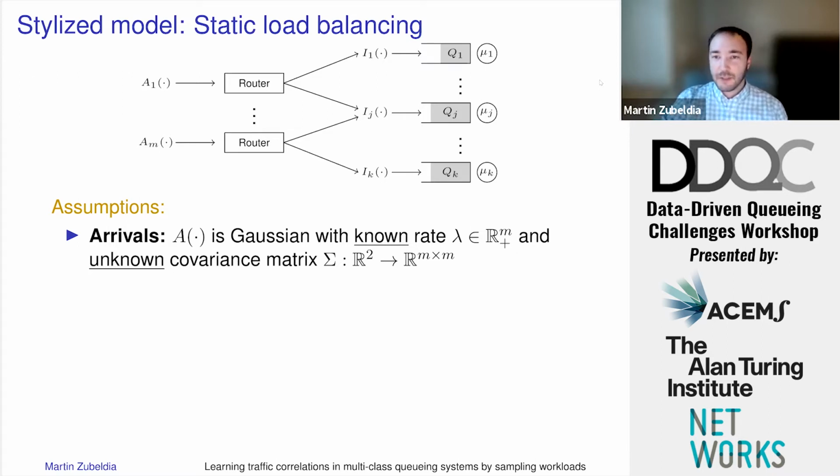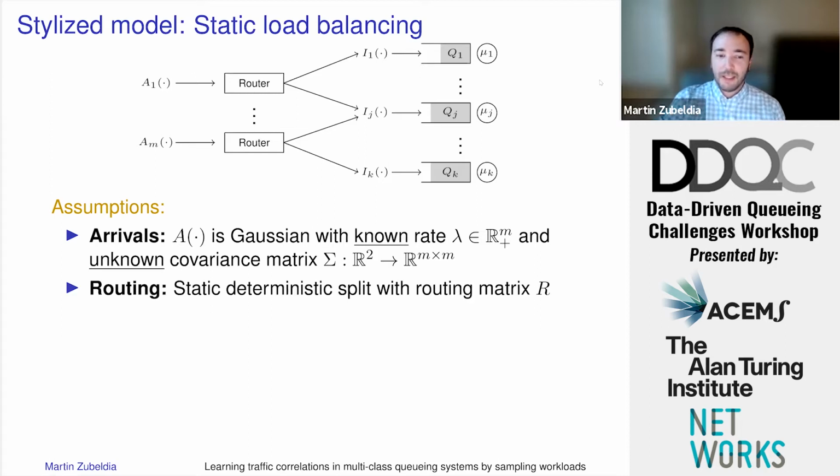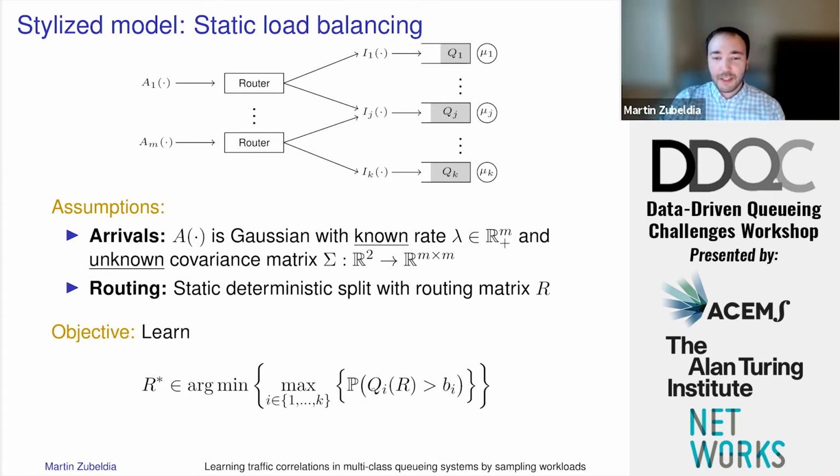And the second assumption, reflecting the features of these networks, is that the routing is going to be static and deterministic, with some routing matrix R that essentially tells you what fraction of each type of work goes to each one of the servers that we have. The objective here is to learn the optimal routing matrix in terms of a minimax problem: trying to minimize the maximum probability of overflow of certain buffers.